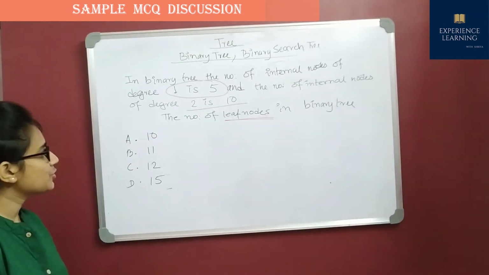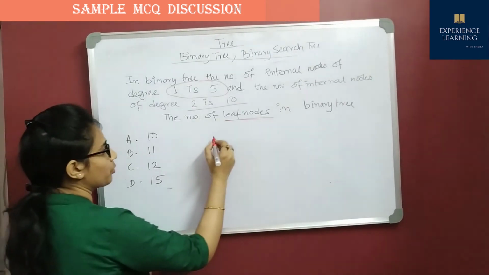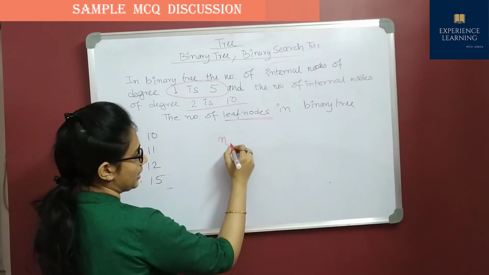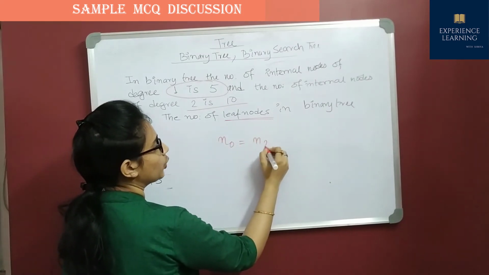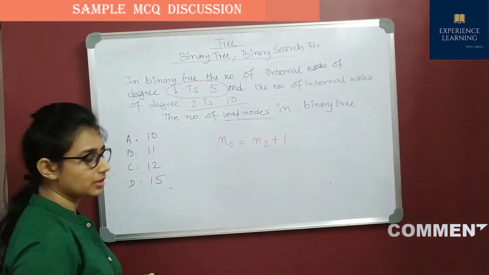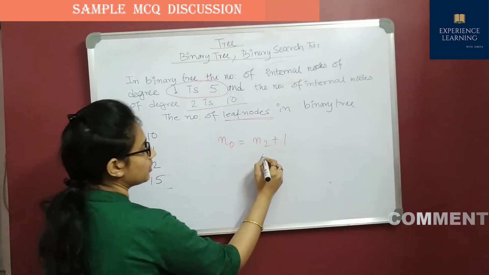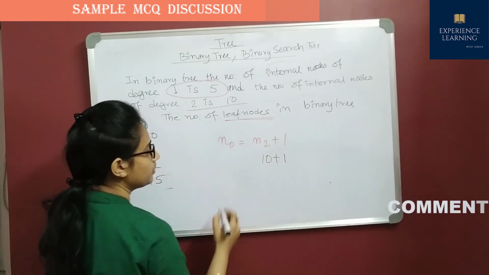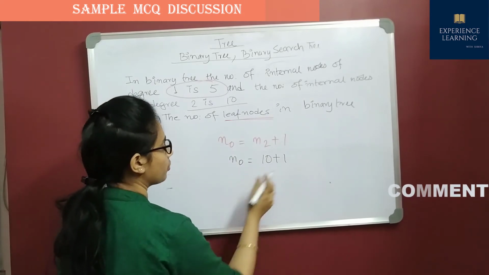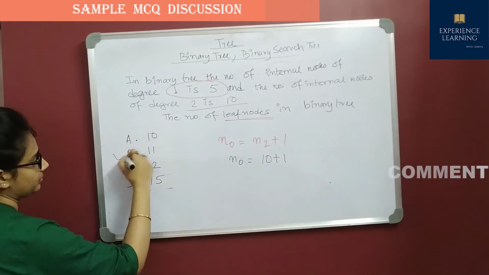Don't be confused because you know the formula. What is the formula? N0 equals N2 plus 1, isn't it? So the number of leaf nodes will be the degree 2 nodes, 10, plus 1. This is the number of leaf nodes.